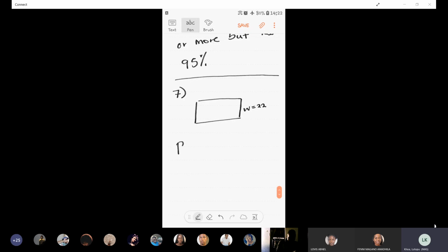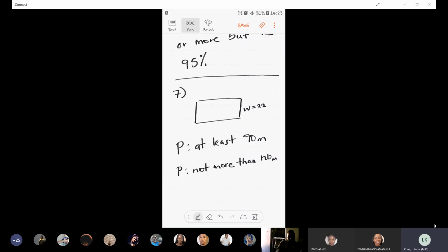So the perimeter must be at least 90 meters, as well as not more than 120 meters. Okay, so those are the two conditions we have on our rectangle.